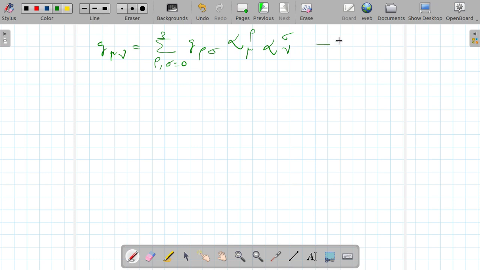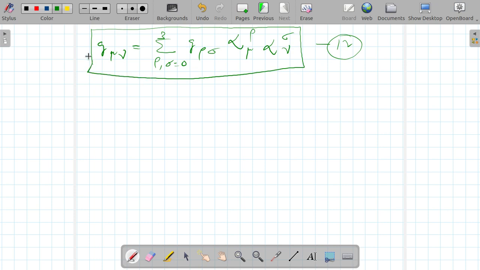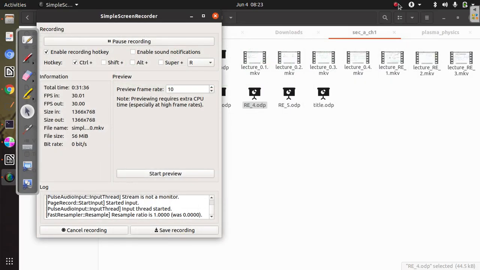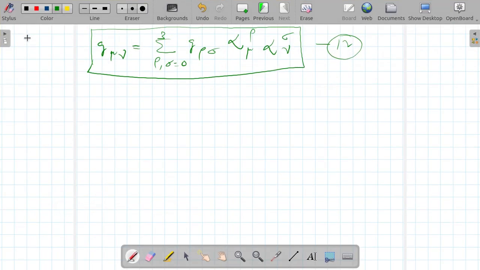This is equation number 12, and this is a very important equation which we are getting.